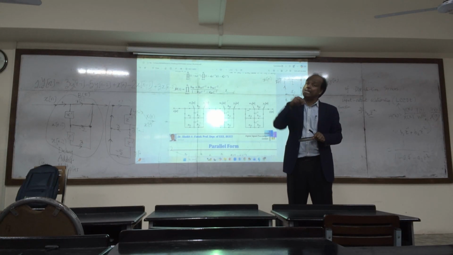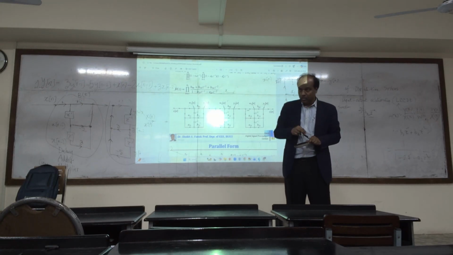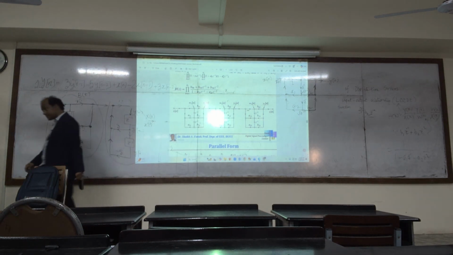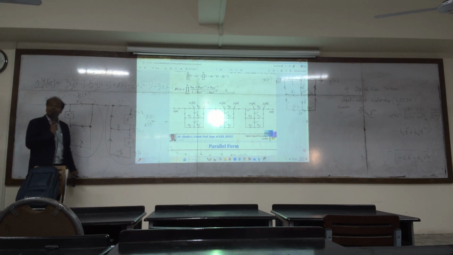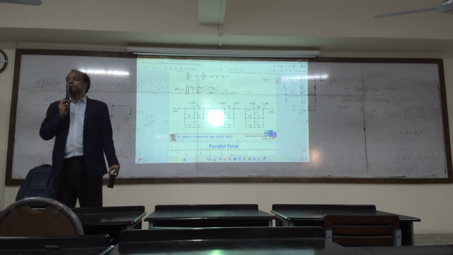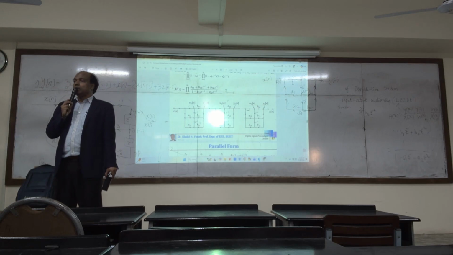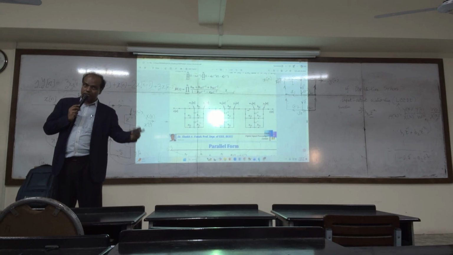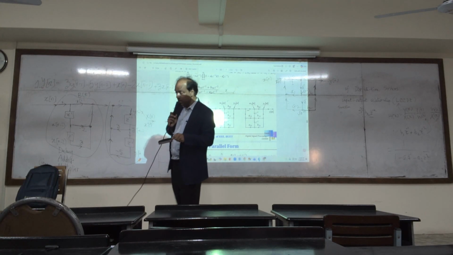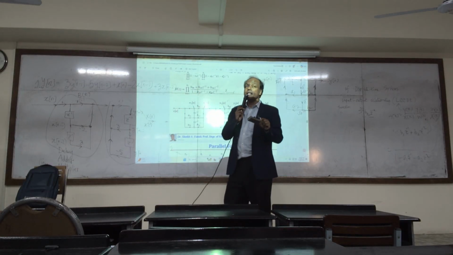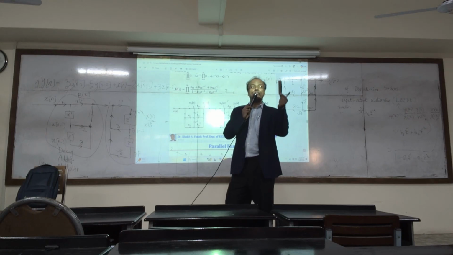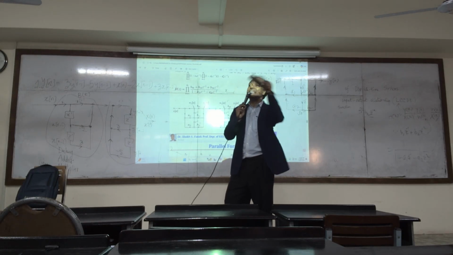For the inverse Z transform, if you want to write down H of z, what is the next step? Yes, you have to do the partial fraction. Partial fraction is simple, but it moves from multiplications to addition.